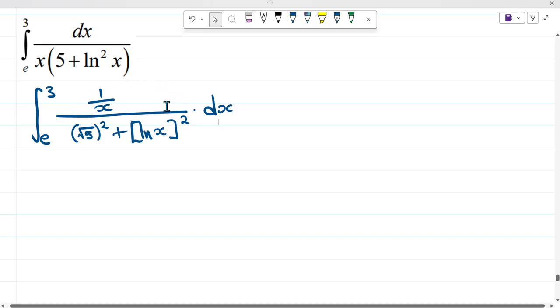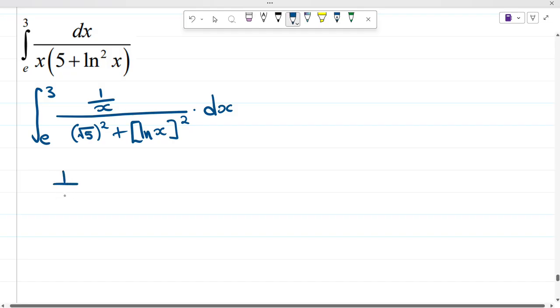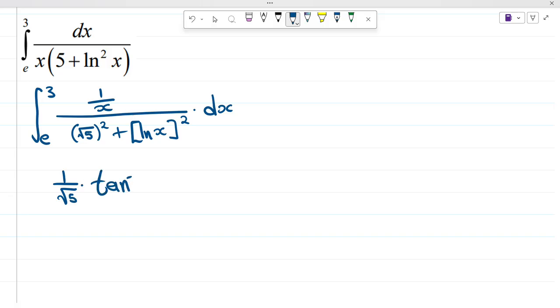You understand? So we can conclude that the antiderivative is 1 over a, because our a here is not equal to 1, so it's 1 over square root of 5 multiplied by the tan inverse of ln of x. Then you put your limits 3 and e, and we substitute the limits.